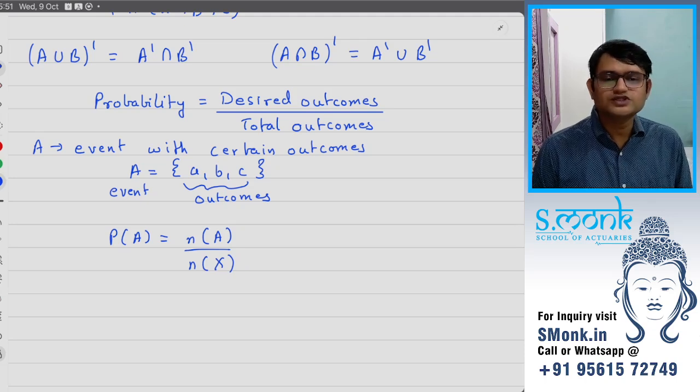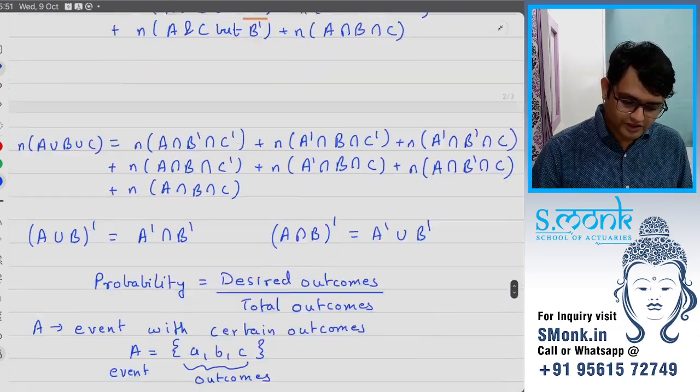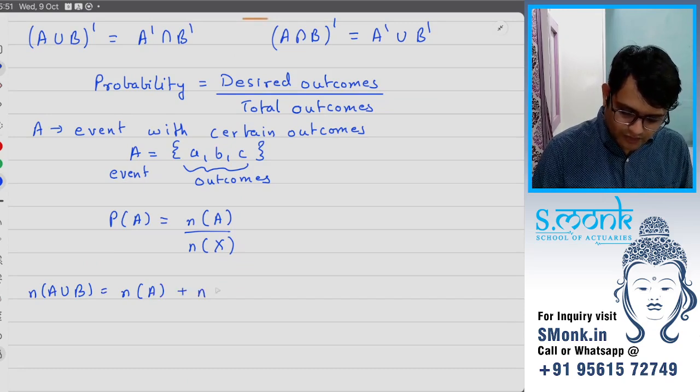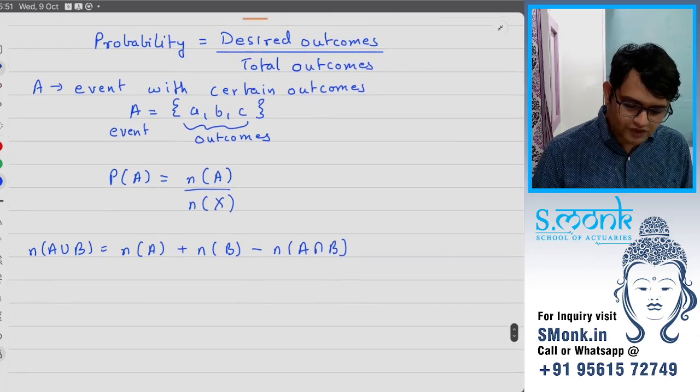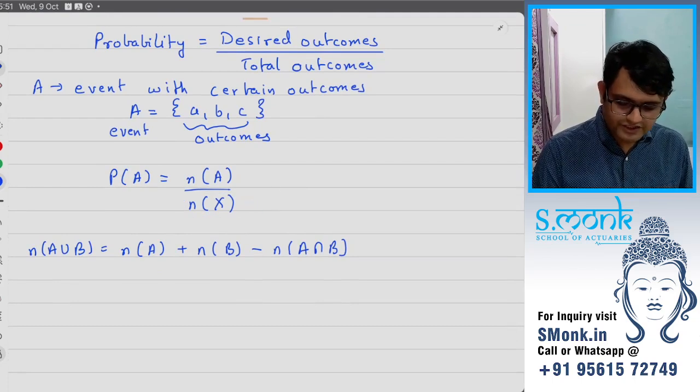So we are going to use all of these formulas and convert them into probability. The first one that we studied, A union B, is number of elements in A plus number of elements in B minus number of elements in A intersection B. Now we can convert this into probability by dividing by number of elements in the universal set, or you can call it total outcomes.